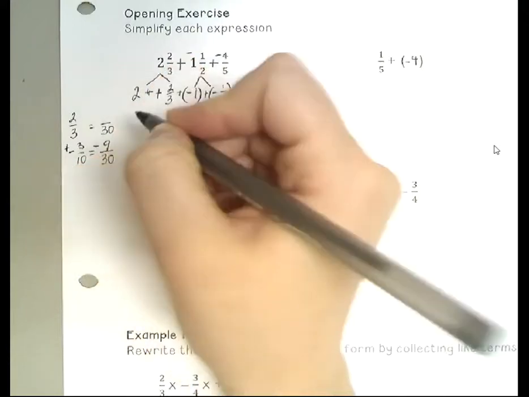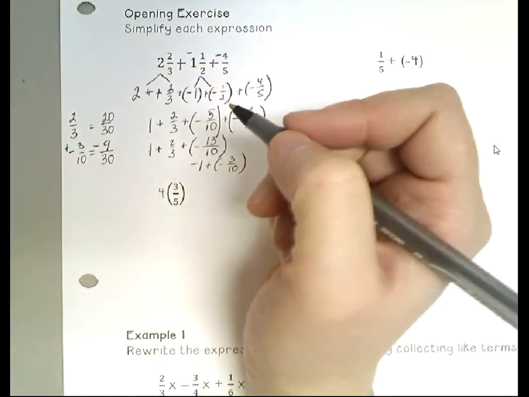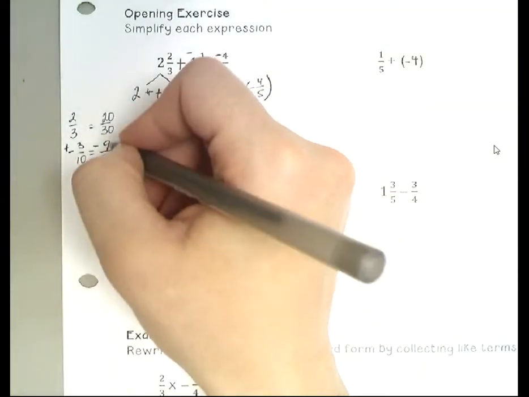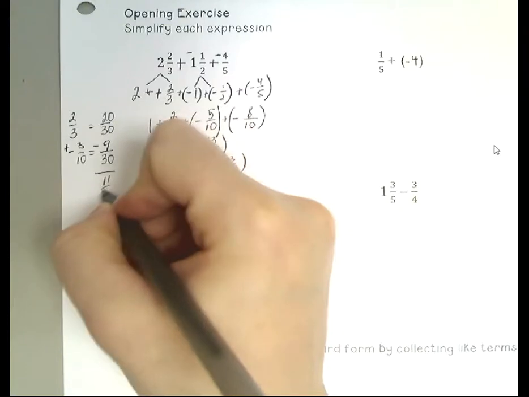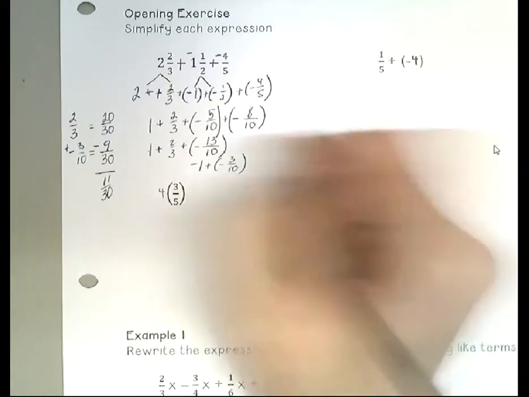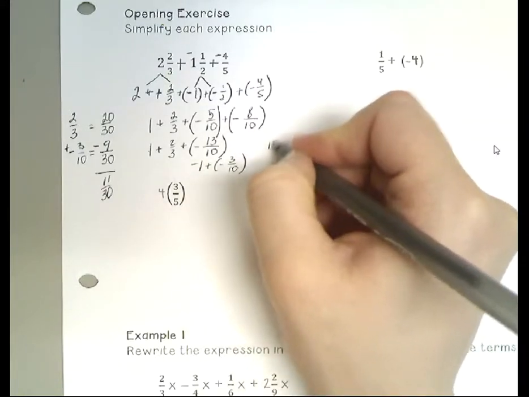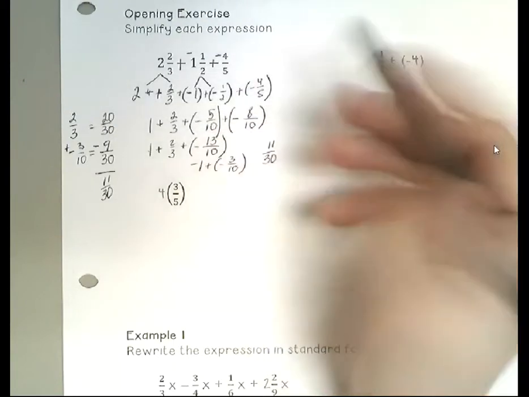This is 9, and this one is 20. 20/30 plus negative 9/30 equals 11/30. 11/30. And that is my answer. 11/30, it's positive because I was taking away from a positive number.